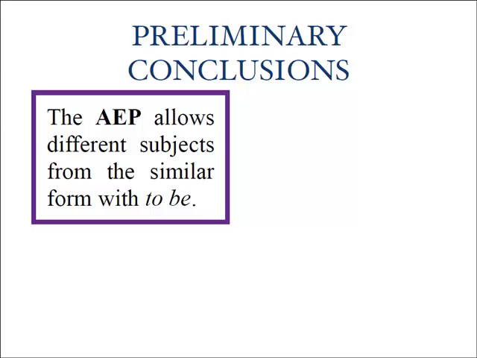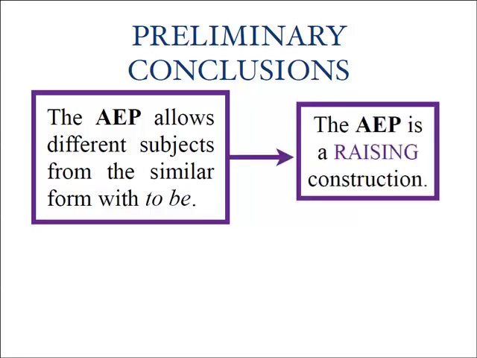So the conclusions are that we seem to be getting slightly different subjects with the AEP and the standard embedded passive. It seems that we can more easily get these non-sentient subjects or idiomatic subjects with the AEP than with the standard embedded passive, with all of these verbs: needs, wants, likes.